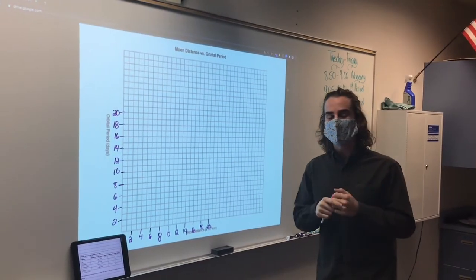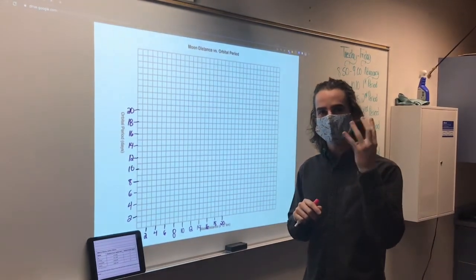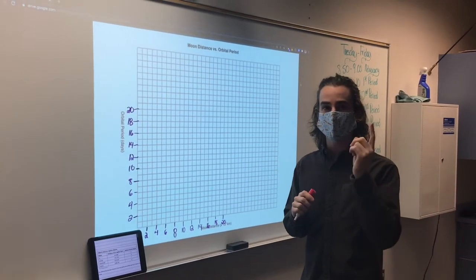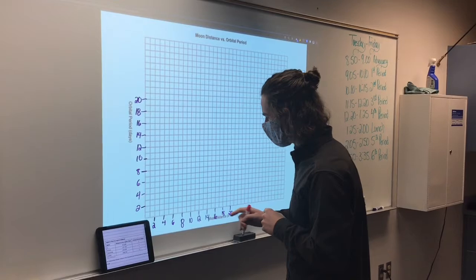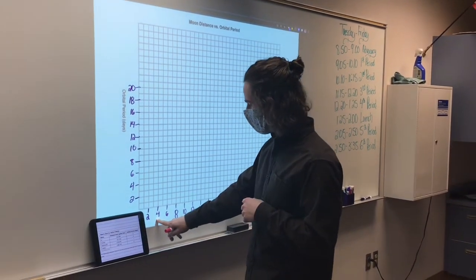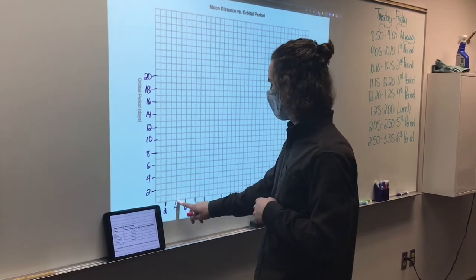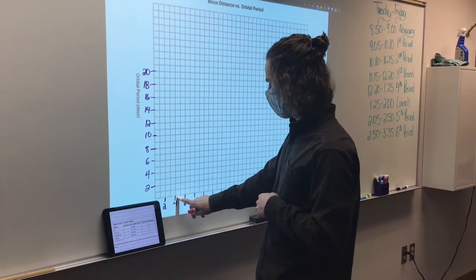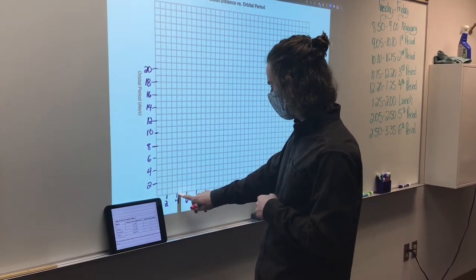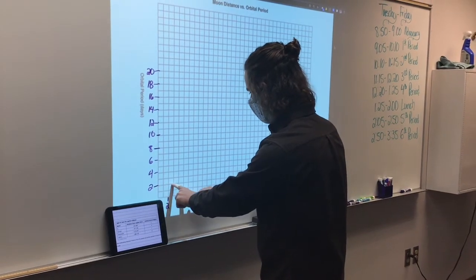All right, now we're going to plot Jupiter's 4 Galilean moons, starting with Io. Io is the closest one to Jupiter. It's at about 420,000 kilometers away from Jupiter, so about 4.2, right there. It has an orbital period of 2 days.